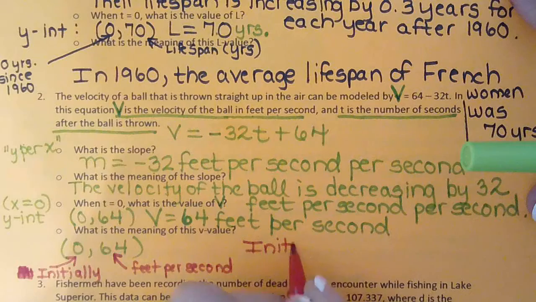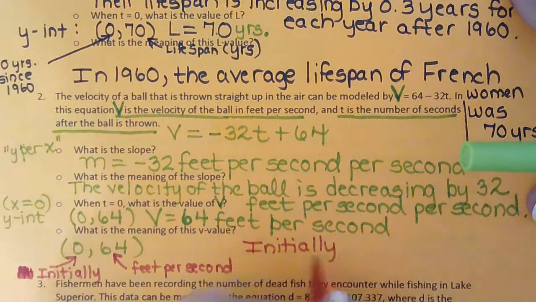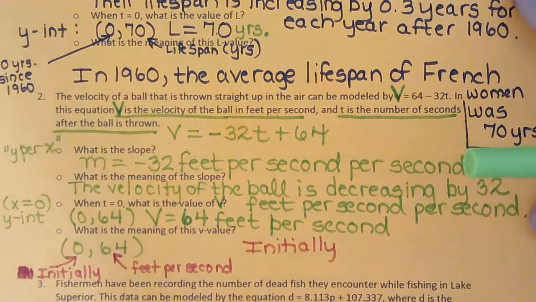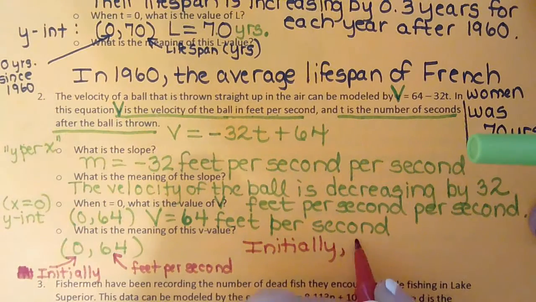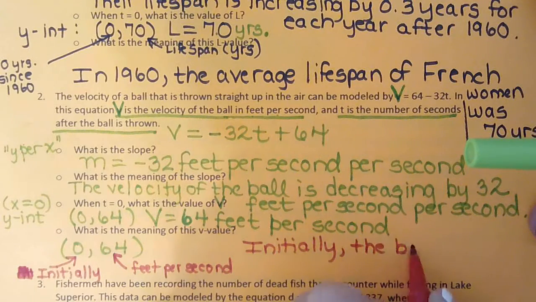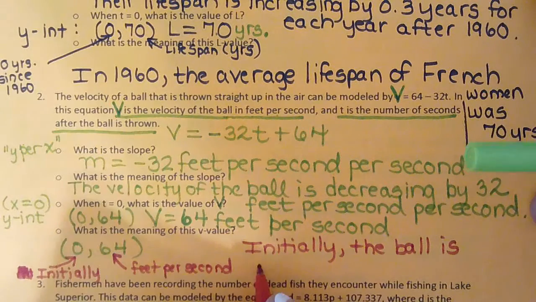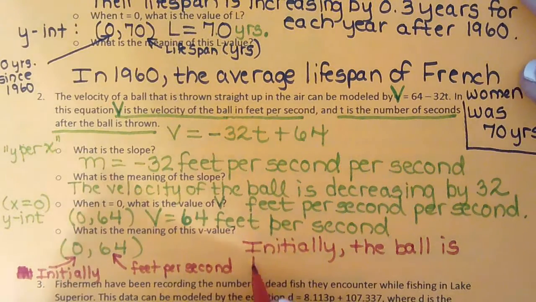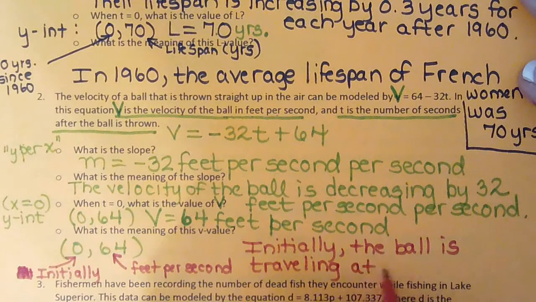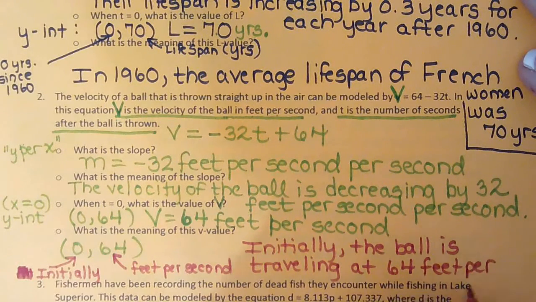So initially, or you could say at the beginning, or whatever word you want to use, the ball is traveling at 64 feet per second.